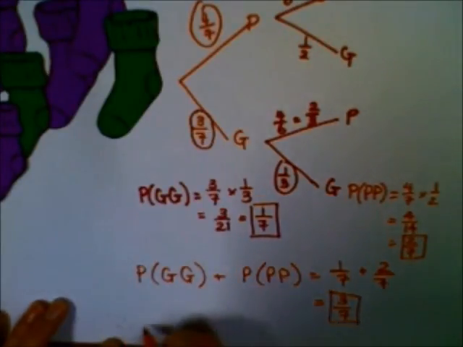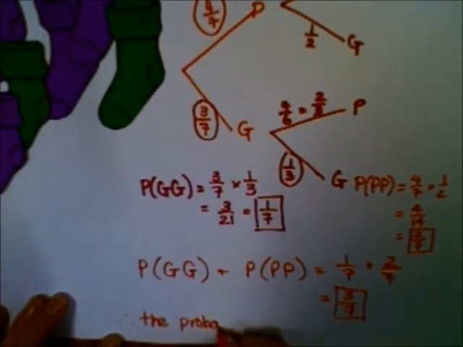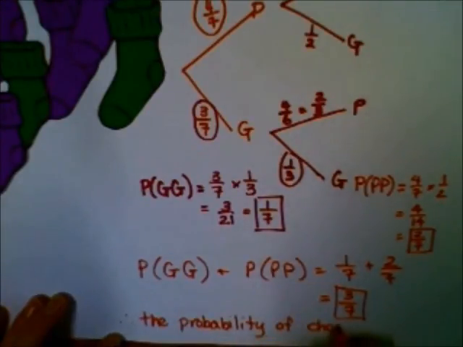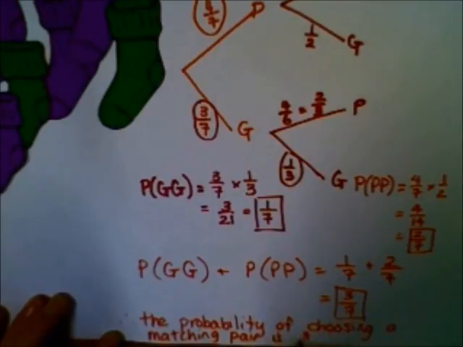So the probability of choosing a pair of socks, so a matching pair, is 3/7.